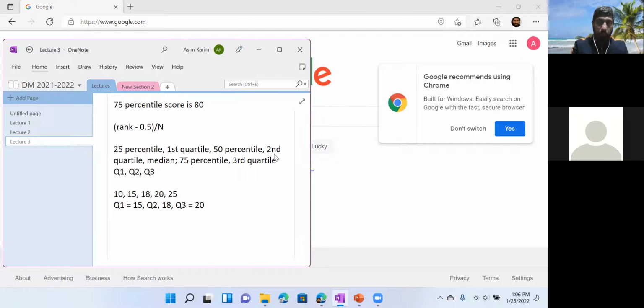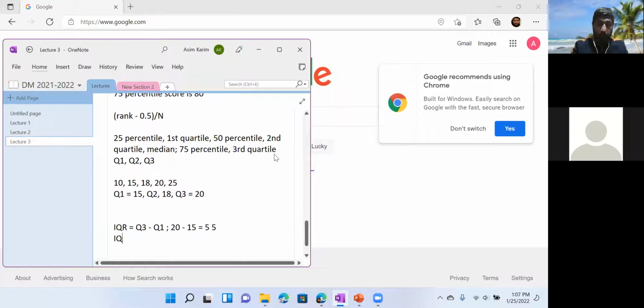For example, I can compute the interquartile range, which is defined usually for ascending order data sets as Q3 minus Q1. So in the example that we have, this would be 20 minus 15, which is 5. So the interquartile range is 5. Let's say this was one data set, and in another data set I found that the interquartile range is, let's say, 10.